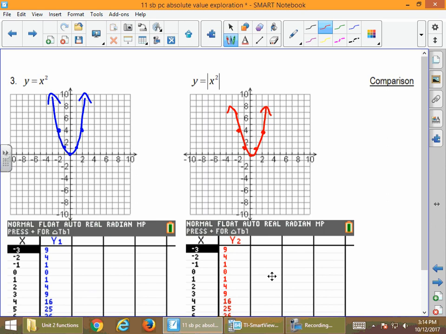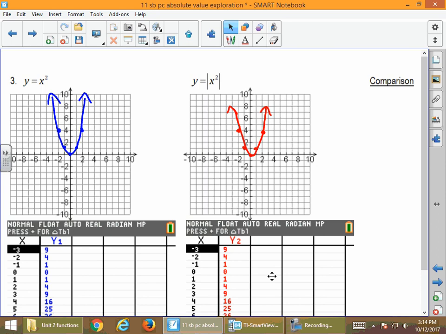And what happens here is when we take the absolute value of y equals x squared, we did not have any values below the x-axis in the first place. So we didn't have to turn anything into a positive value because we're taking the absolute value of a function.